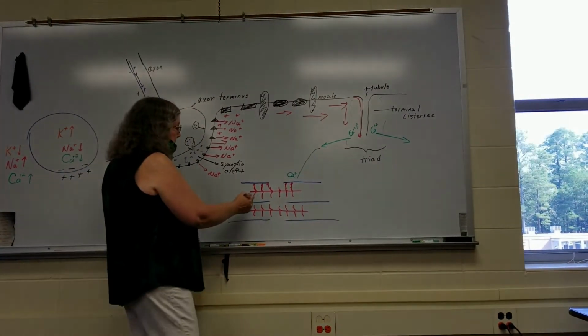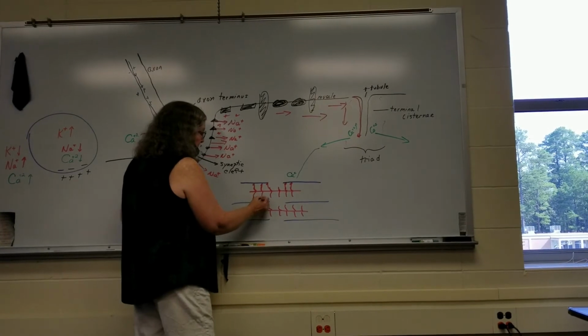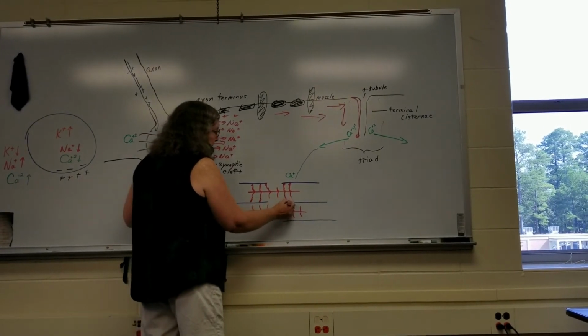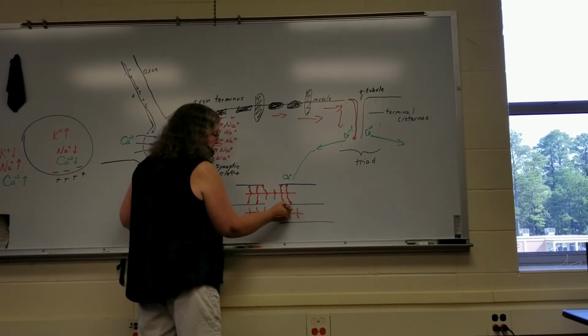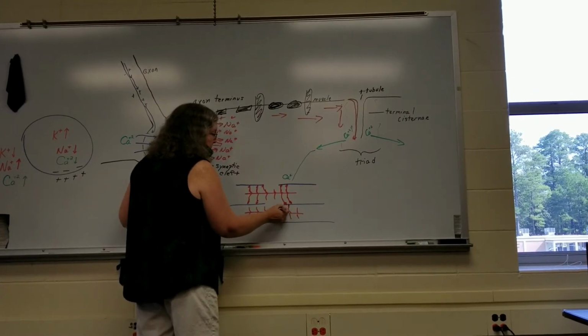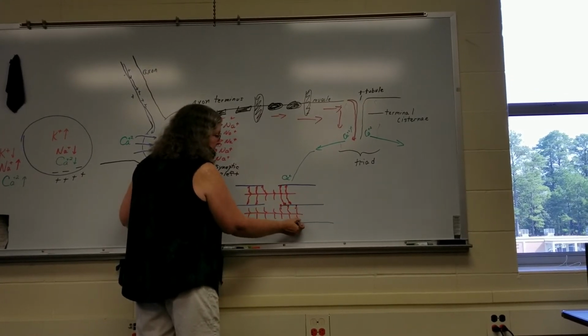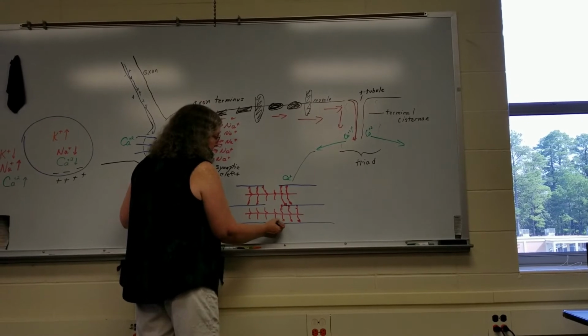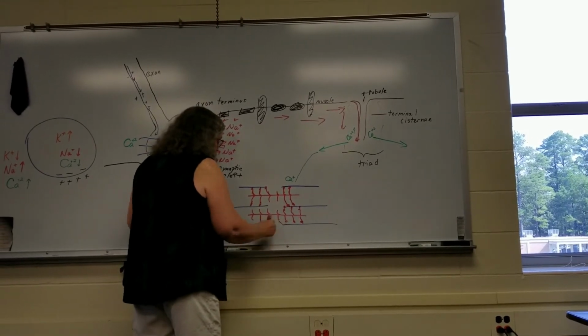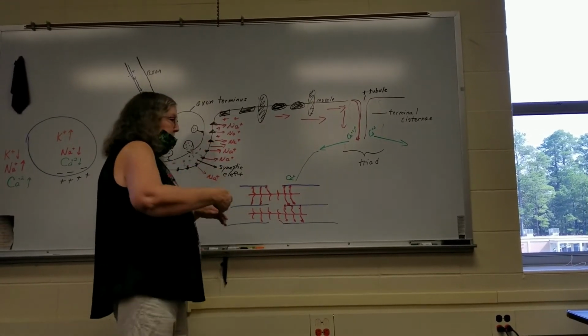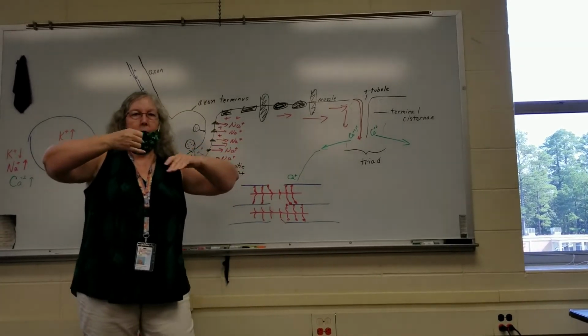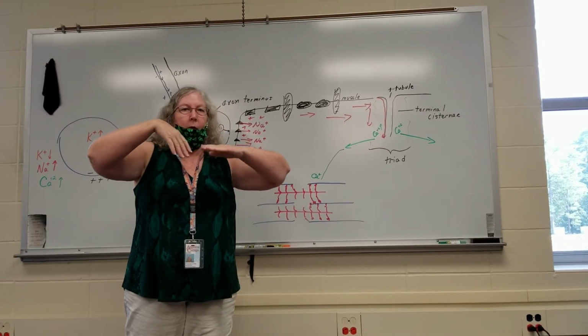And so this is what we call cross-bridging. That is when the myosin heads, we call these heads because they look like little knobs, they bind to the actin. And so what happens is now, sorry, you're going to have to use my hands as a demo here.